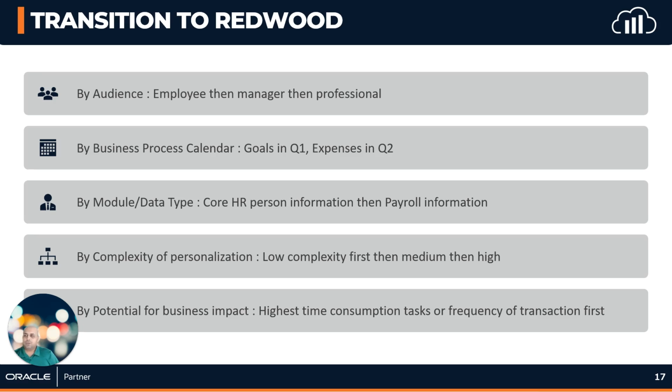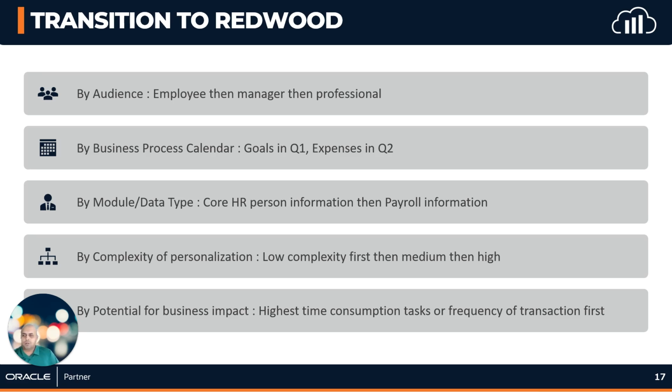Or you can do based on the complexity of personalization, like you can do low complexity first and then medium and then high. As we talked about earlier, Redwood design adoption is iterative. So it's always good that we do a small work area, we transition that to Redwood and then move to the next sprint and so on.